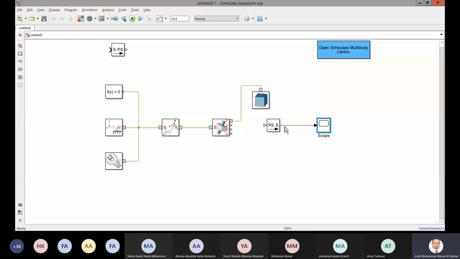How many PS converters do I need? I need 3. Depends on how many signals I need. So I will copy them, and I will have also 3 scopes. I have 3 scopes here. I will connect this here.